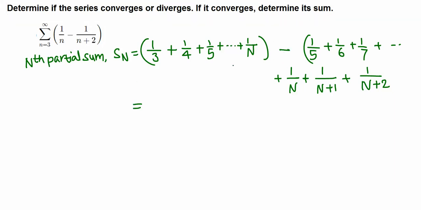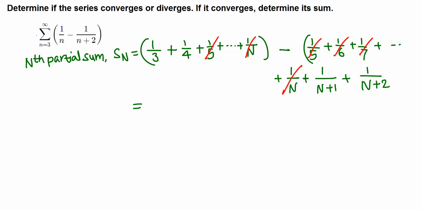And we can simplify this nth partial sum. 1/5 minus 1/5 cancel, 1/6 and 1/6 cancel, 1/7, 1/7 cancel, 1 over N positive. When we distribute this negative, this becomes negative 1 over N, cancel.